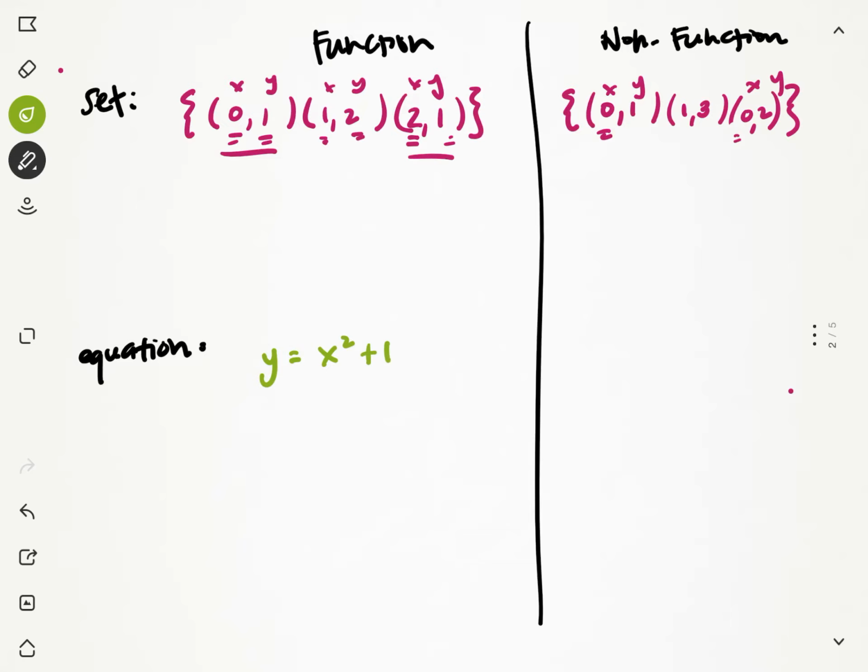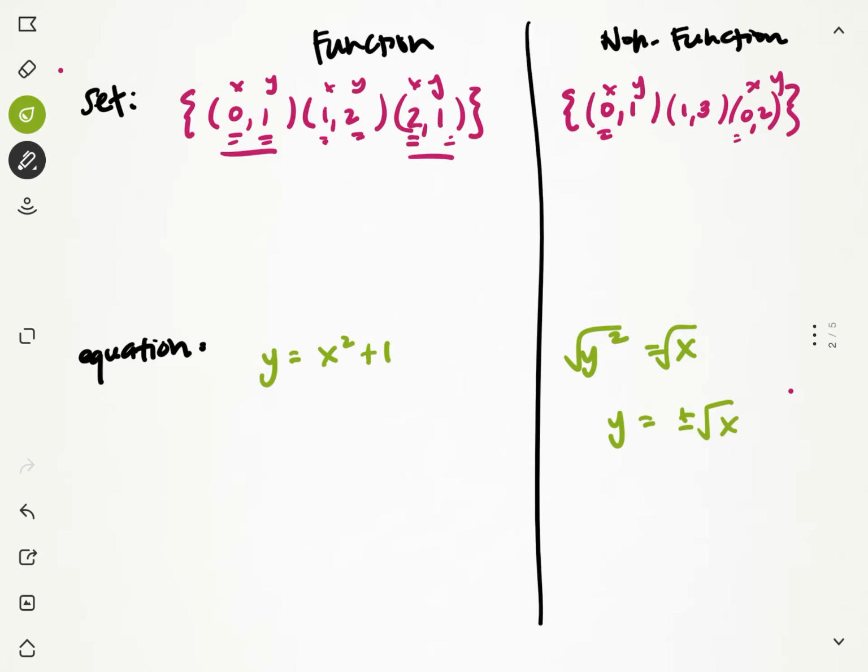Now, a non-function, be careful here, and this is a dead giveaway. Anytime we have y to an even power, we're going to have a non-function, and let me explain why. If we're trying to solve this for y, we'd square root both sides, and the square and the square root undo each other, so we just have y. But we said that anytime from now on that we take a square root, or any even root for that matter, of a number or a variable, we have to put positive and negative in there.